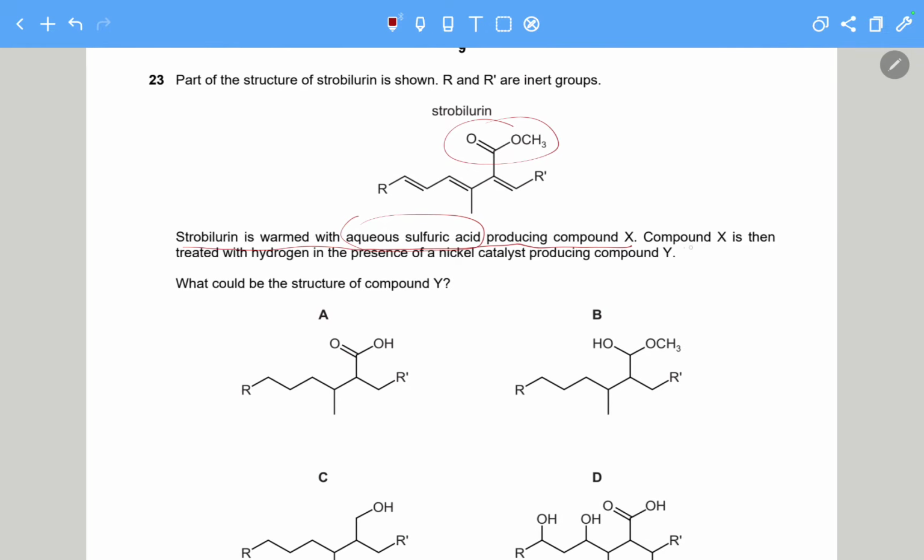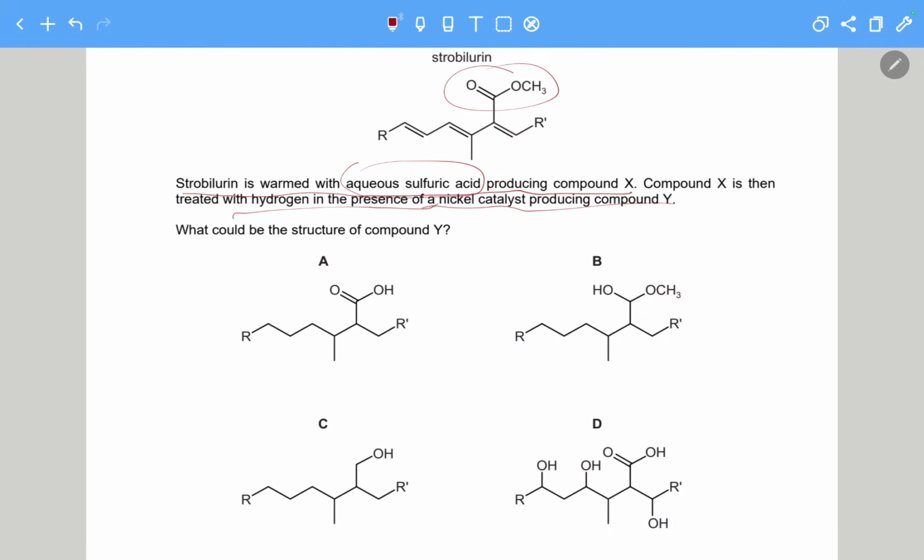Then compound X is treated, which means the remaining carboxylic acid from the molecule is treated with hydrogen in the presence of a nickel catalyst producing compound Y. This is a hydrogenation reaction which happens at the alkene groups, as you know, and therefore it has to be a saturated carboxylic acid with basically no carbon-carbon double bonds. So option A is a good candidate for that. Option B, we don't have a carboxylic acid, not a good candidate.